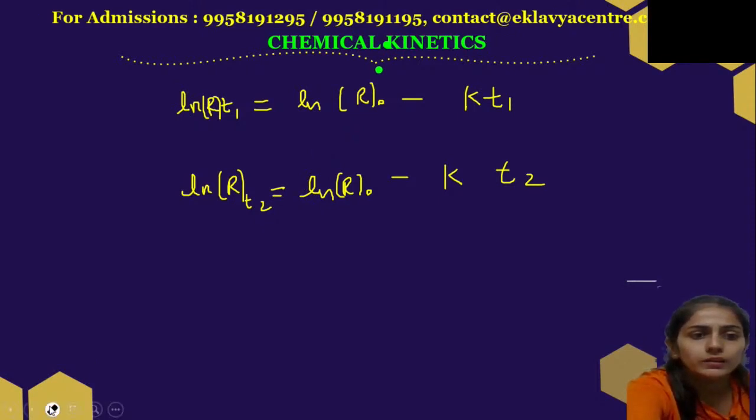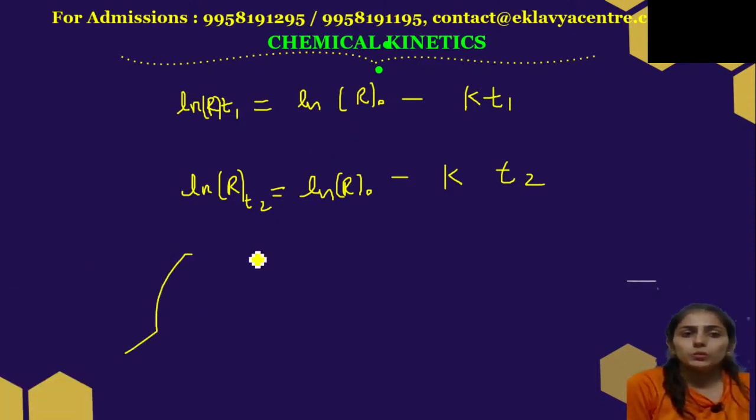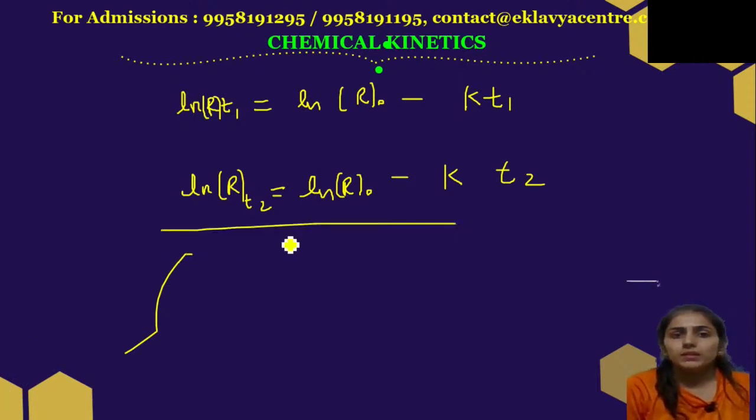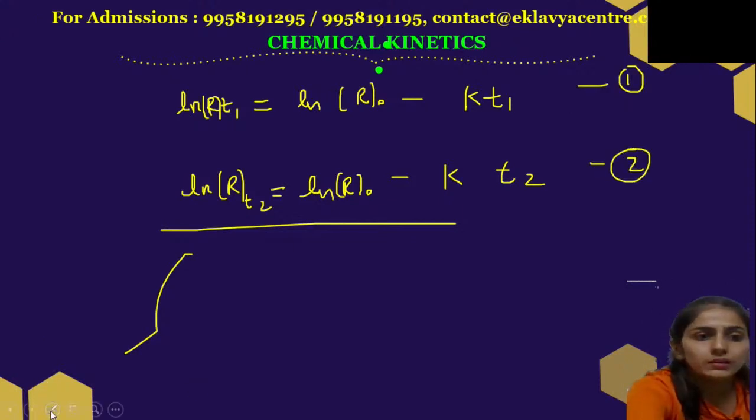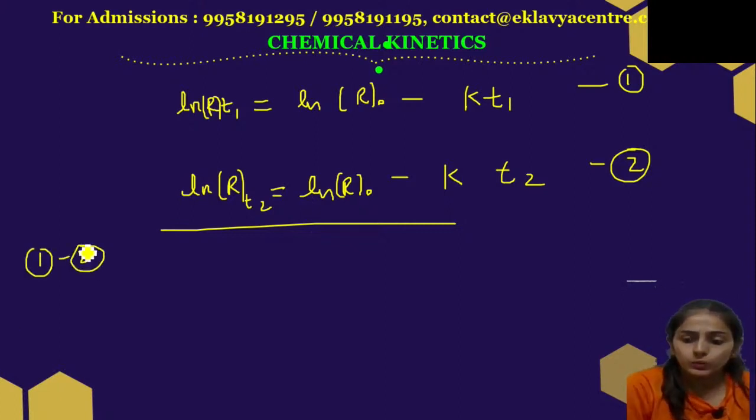How can you find it? Just simply, this is equation first, this is second, you can subtract one equation from the other, right? Suppose I tell you to subtract 2 from 1, what you can do?